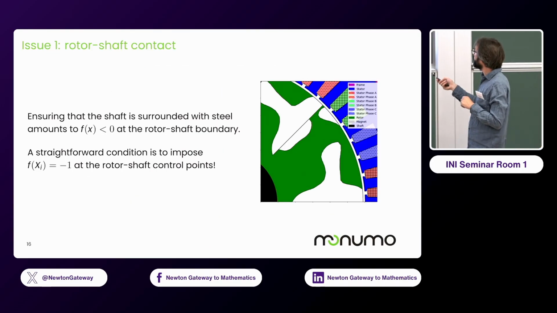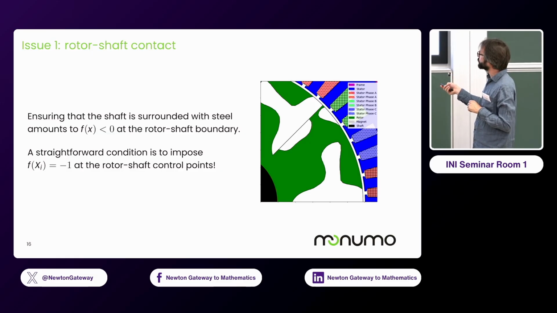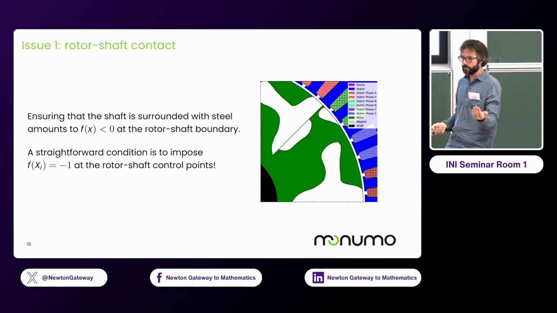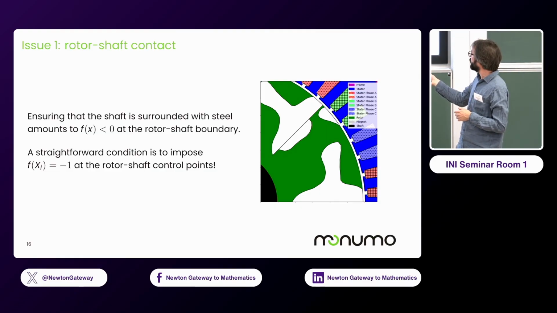So first of all, we want to ensure that we have steel in contact with the shaft. In order to have steel, it basically says that you want your Gaussian processes at these locations to take negative values. So that's an inequality constraint, a constraint on a continuum of points.